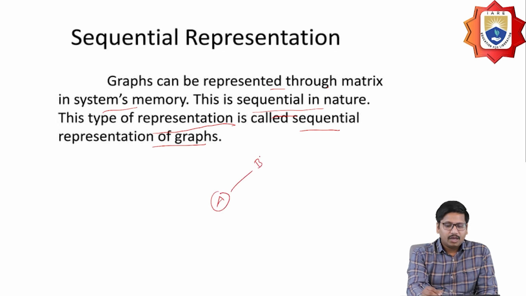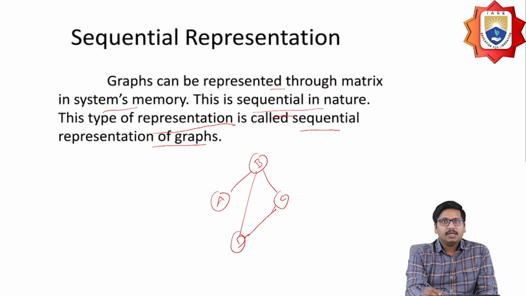If I have a graph like this, whenever there is an edge from A to B, this is called an edge. Normally this is going to be stored in system memory in the form of a matrix.